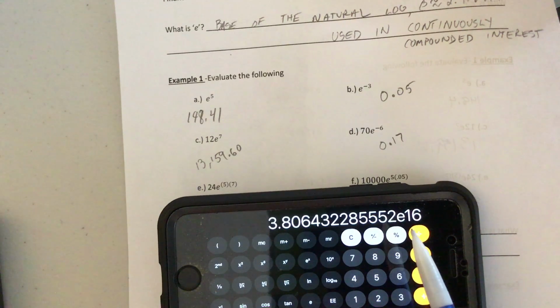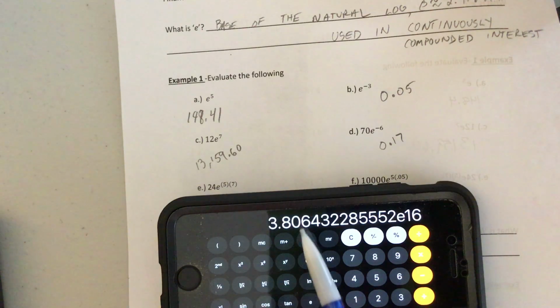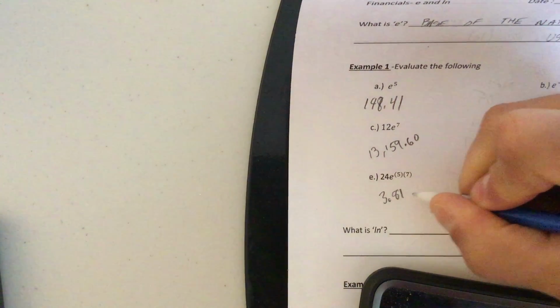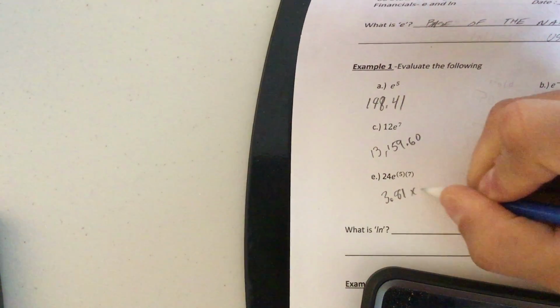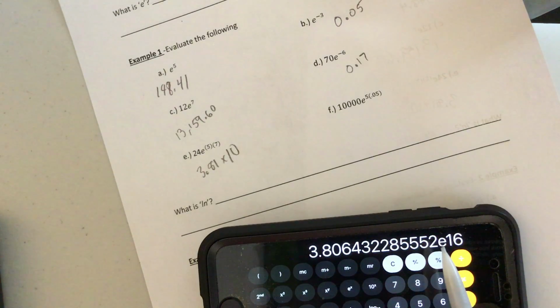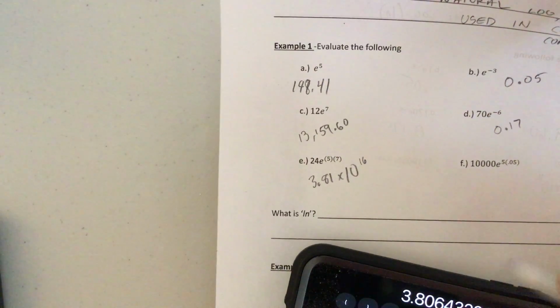Please recall this is scientific notation, so we'll round this to 2 decimal spots. 3.81 is good enough for me, times 10. Remember, this symbol here means scientific notation, so this means times 10 to the 16th power.